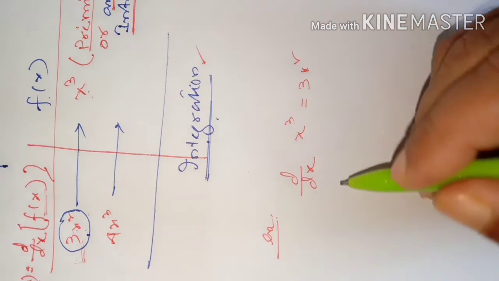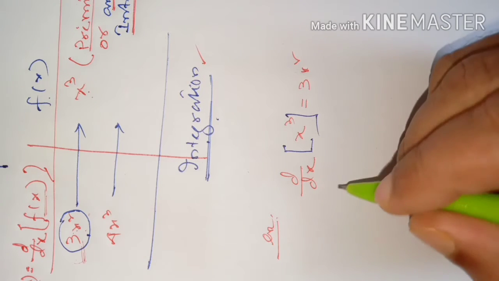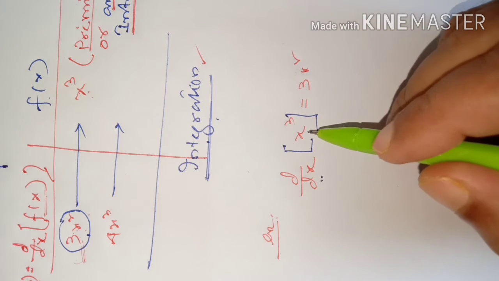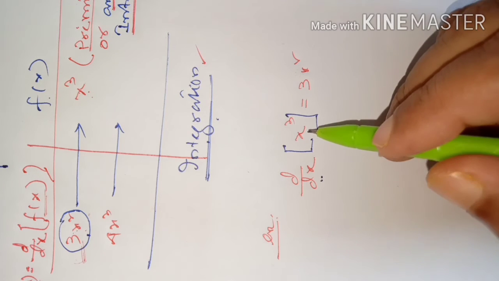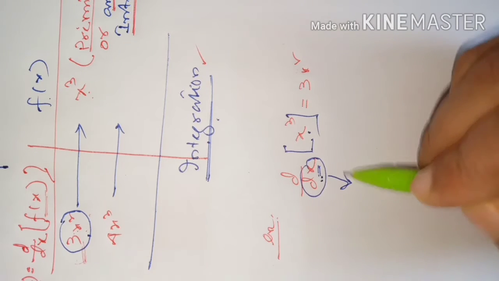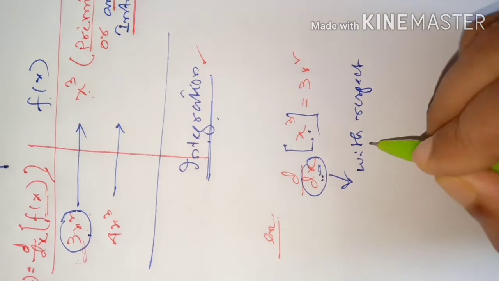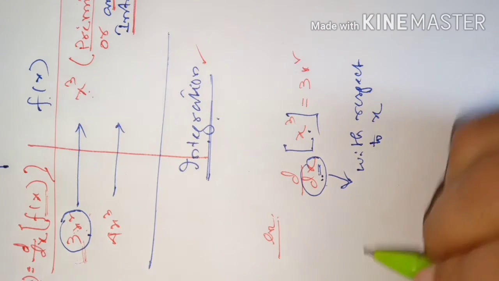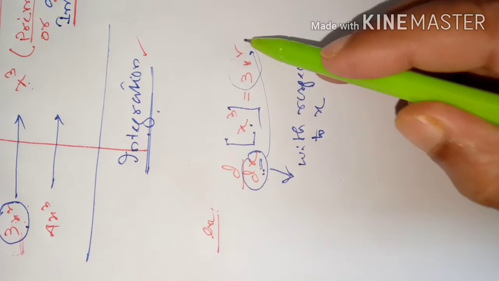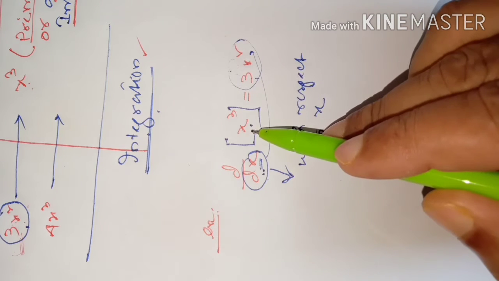For integration we have a sign, just as for derivative we are using this symbol with respect to x, meaning differentiation is taken with respect to x. When we have to find its integral, that means its primitive, x cubed will be our answer.